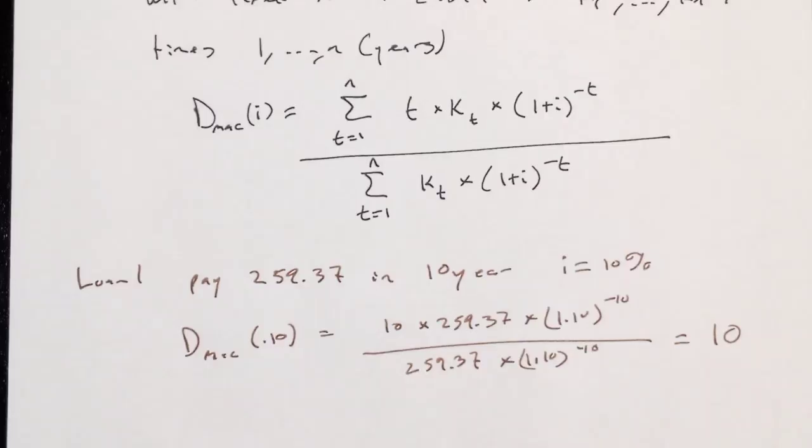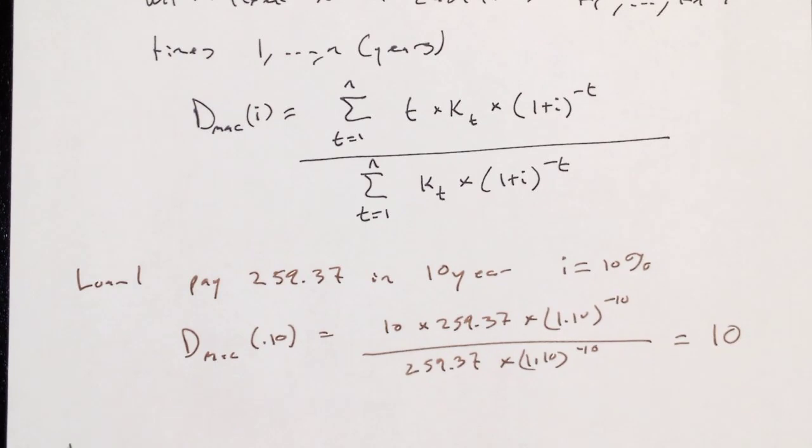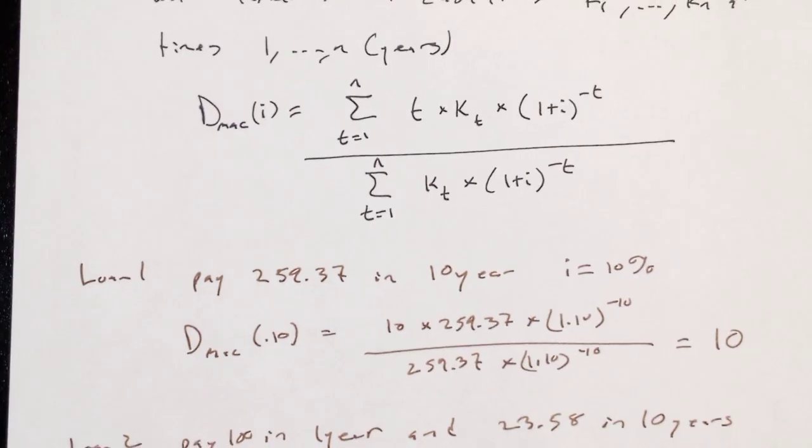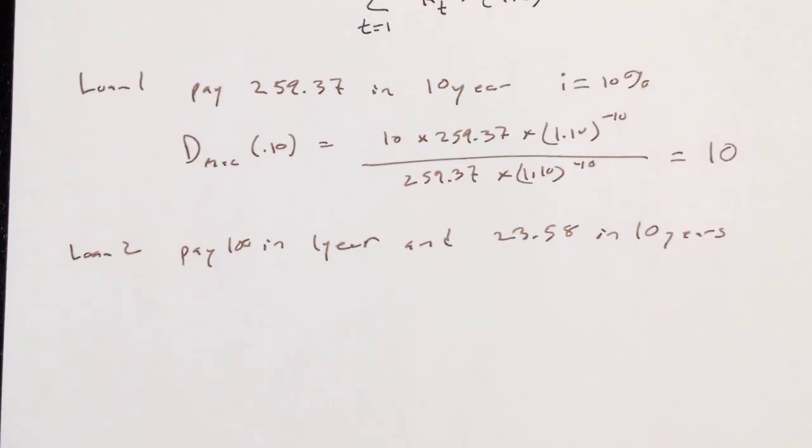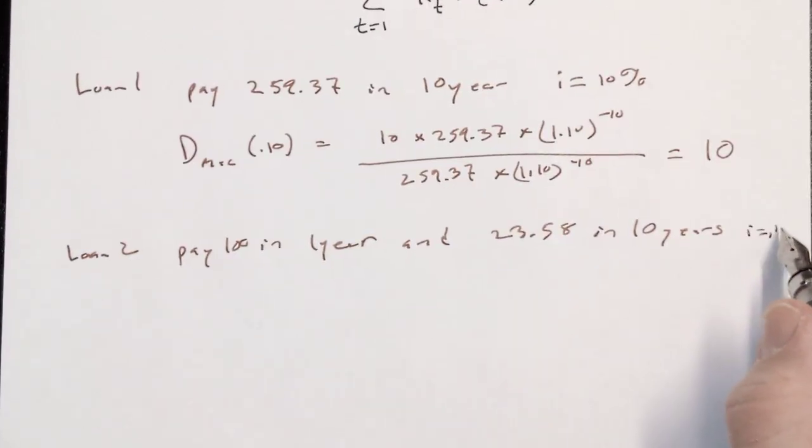But let's look at loan two. It pays 100 in 1 year and 23.58 in 10 years. Again, with a flat term structure, I equals 10%.